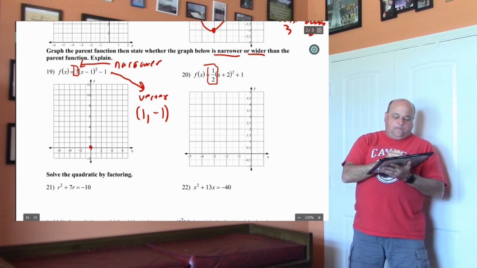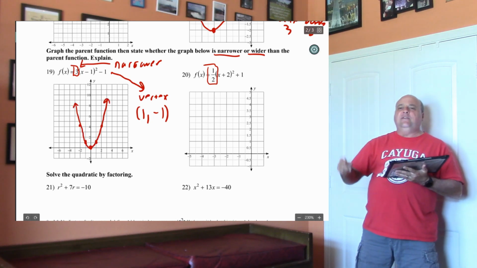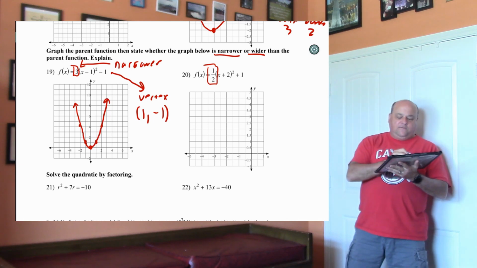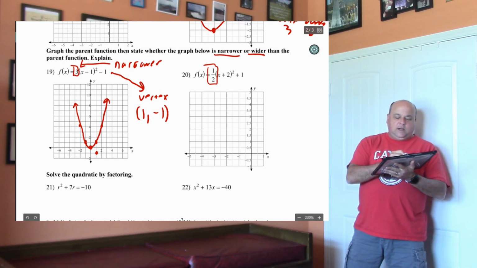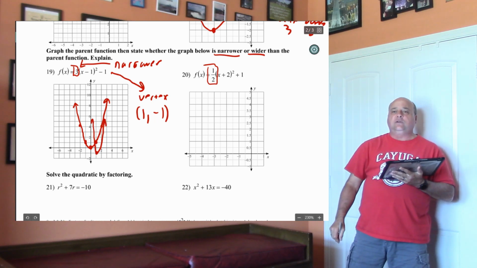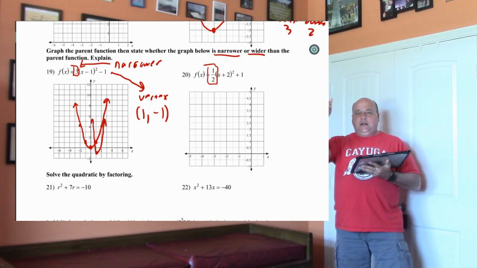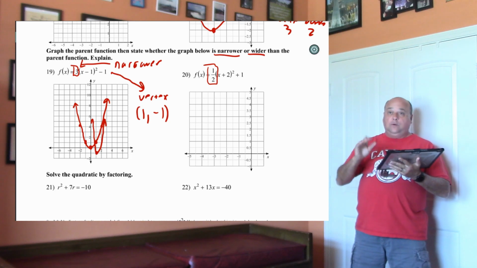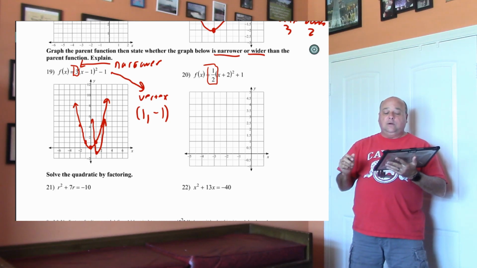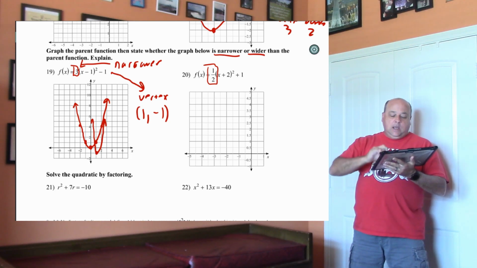So the parent function will be these dots, won't it? Now when you draw the new one, the vertex is going to be over 1, down 1, and it's just draw a narrower parabola, okay? That's all you got to do. And I'm going to let you do number 20 on your own, okay? I flipped it around. I did number 19 for you, okay?